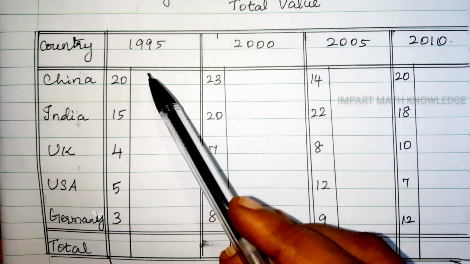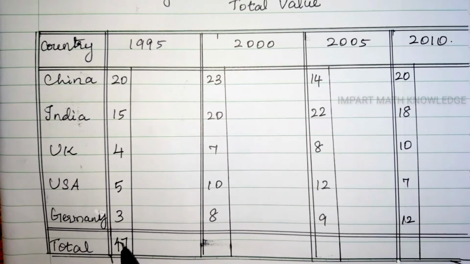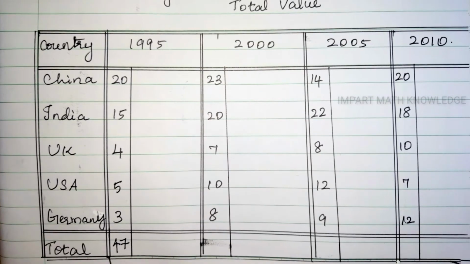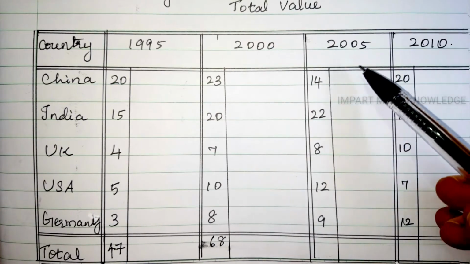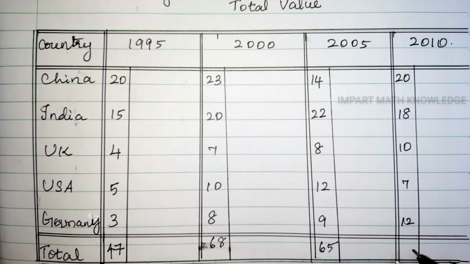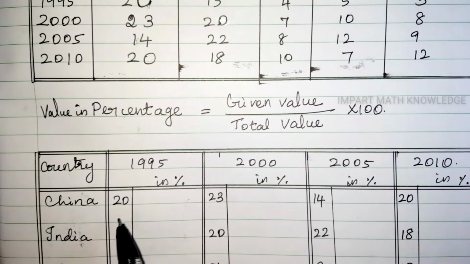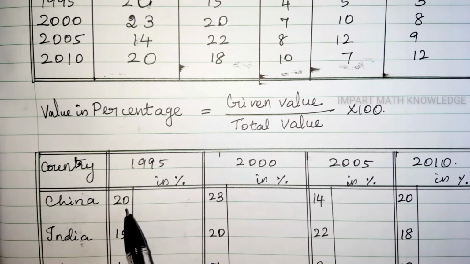The birth rate total for the year 1995 is 47. The total for the year 2000 is 68, for 2005 it is 65, and for 2010 it is 67. Now we have to convert all the values into percentages. The birth rate for China in the year 1995 is 20.